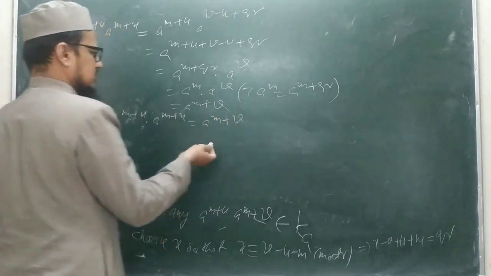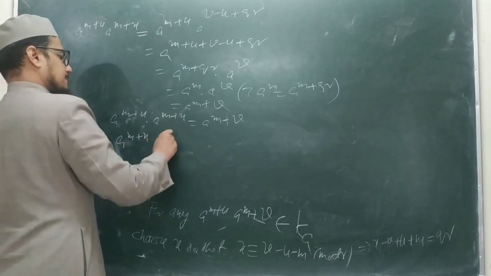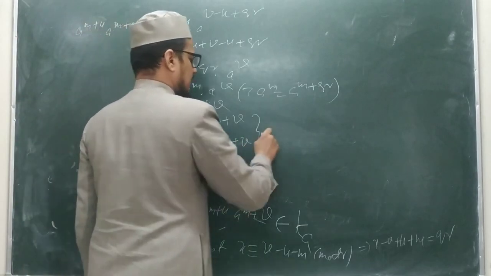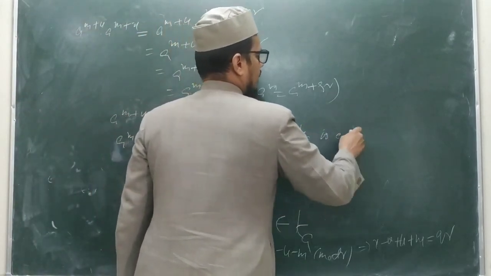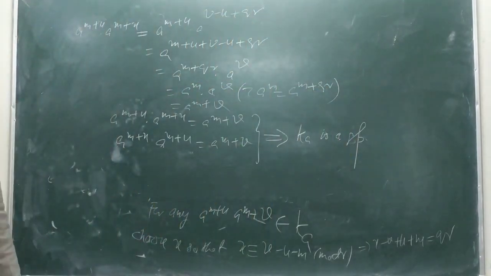And of course, since this is commutative, a to the power m plus x into a to the power m plus u is also equal to a to the power m plus v. Both these properties show that K is a group. Correct? K is a group.